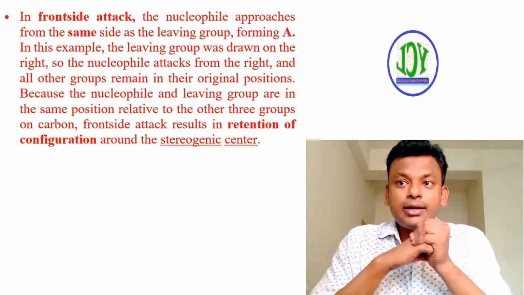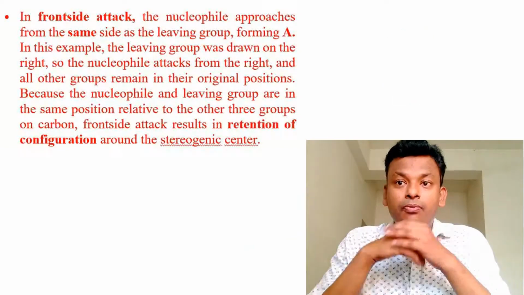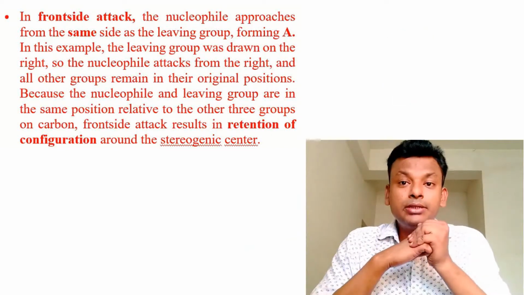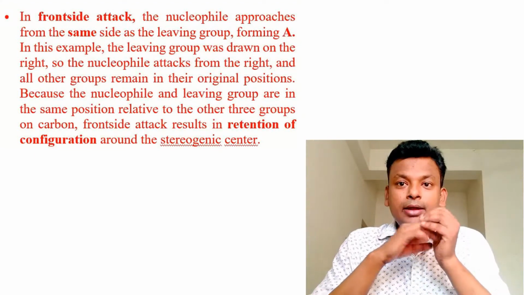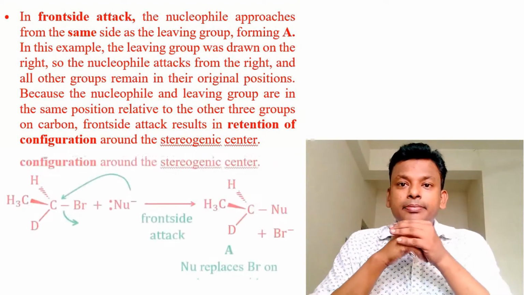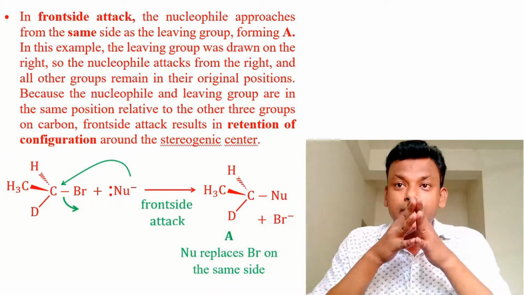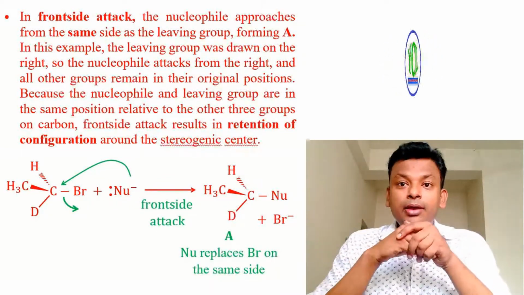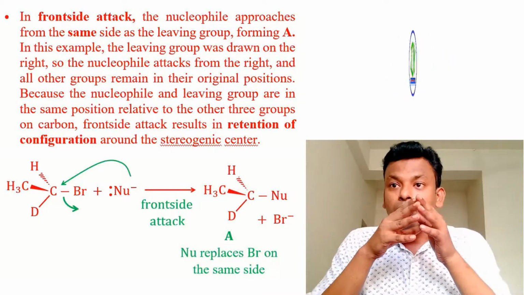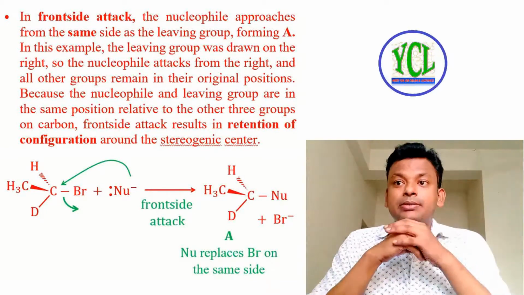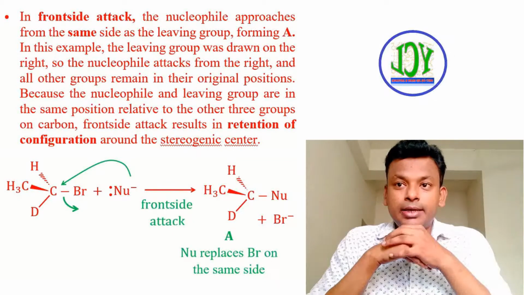Front side attack results in retention of configuration around the stereogenic center. So the nucleophile attacks from the front side and the leaving group leaves; Nu replaces it on the same side.